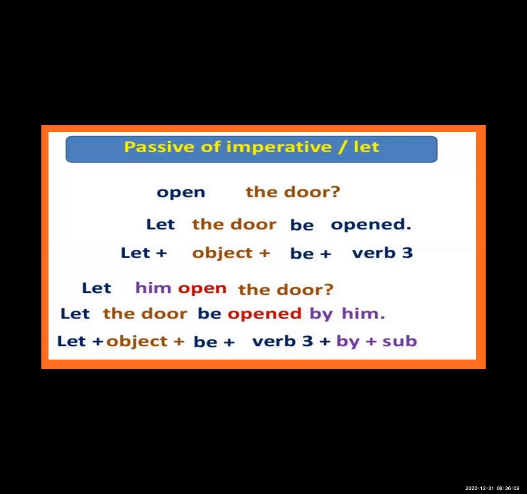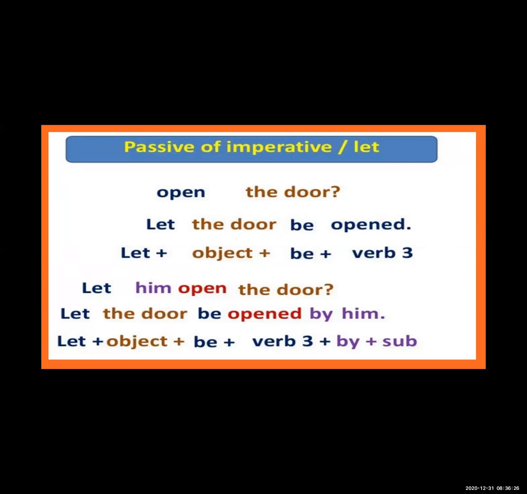So how to do? You have to simply keep the let as it is, take the object part, the door, you have to add be, then after that verb 3 form, open will be converted as opened, verb 3 form.